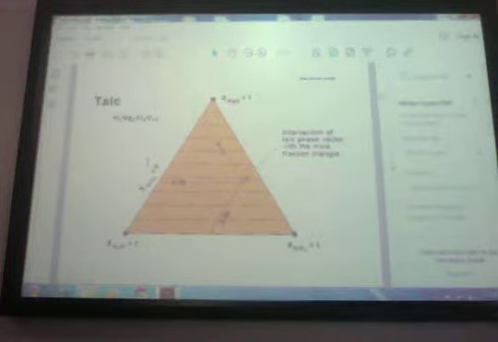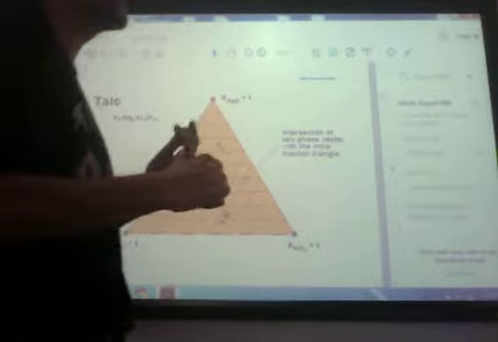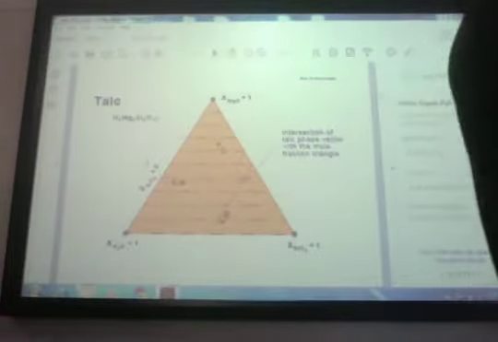The angle between alpha, beta, gamma is 60 degrees, and the length of all the axes is the same. That is a thing where a lot of students have a problem.